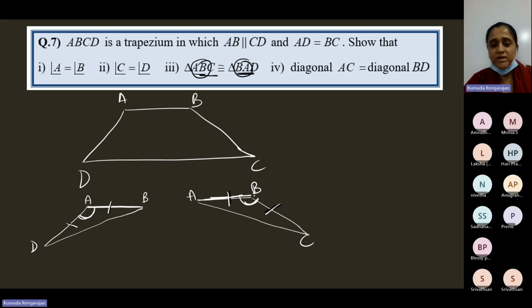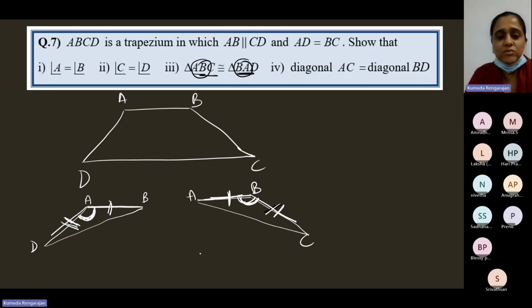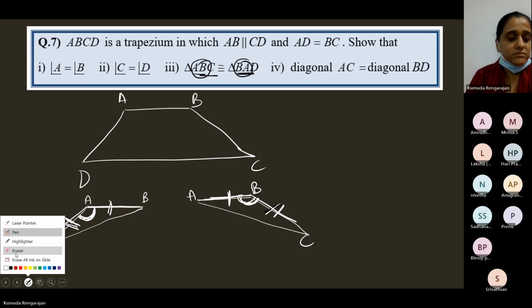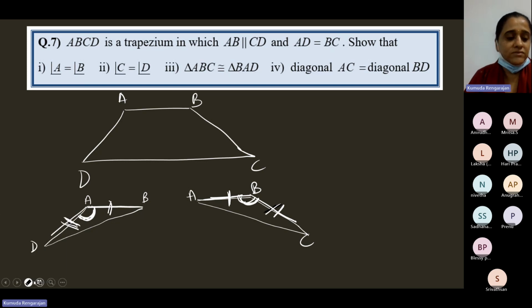Two sides, included angle. This side is equal to this side, common side. Then this side is equal to this side, given AD is equal to BC. And angle A is equal to angle B, proved in subdivision 1. So by the SAS rule, the triangles are congruent. And then the next one, diagonal AC equals diagonal BD by CPCT. Once you prove that these two triangles are congruent, AC is equal to BD, CPCT.